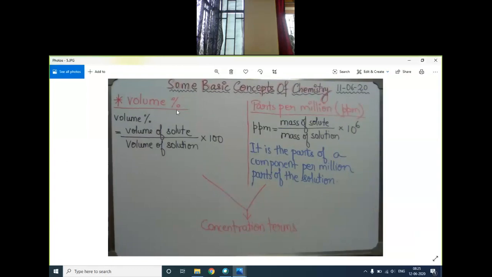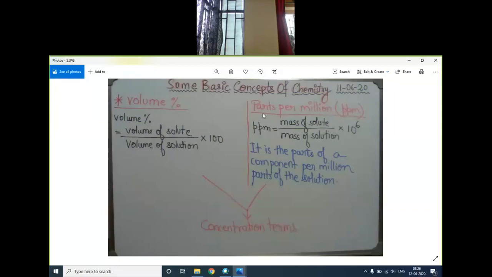Okay, how to calculate volume percentage? Same formula, but in place of mass, we will put volume. So volume percentage equals to volume of solute by volume of solution into 100. So this is volume percentage, like that of mass percentage only.